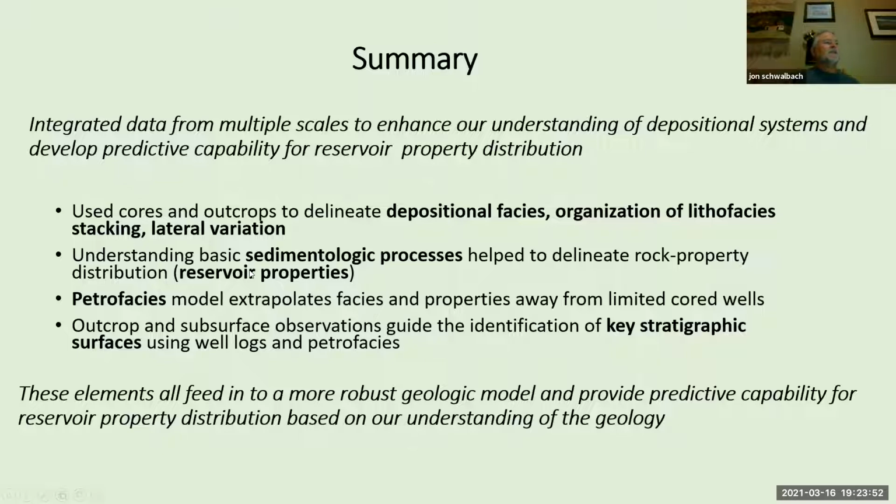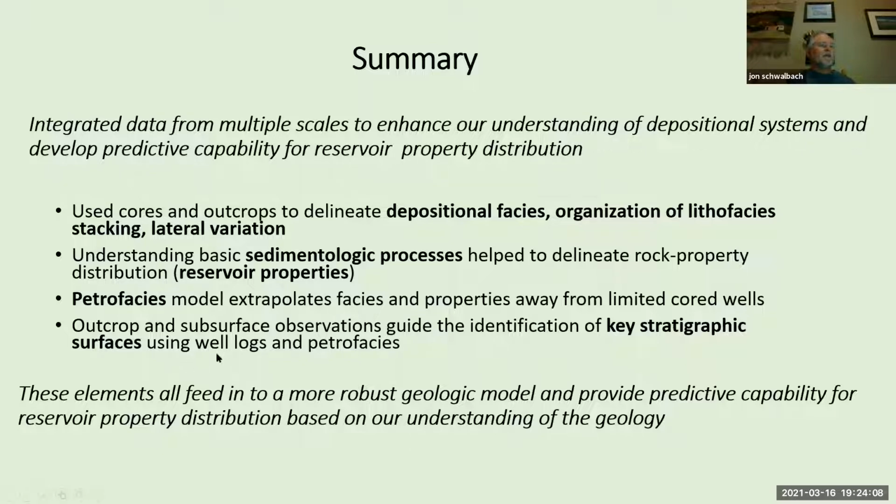And then we looked at some of the basic sedimentologic processes and how they impacted reservoir properties. We looked at petrofacies, and we built that model to help us extrapolate away from our limited cored wells.